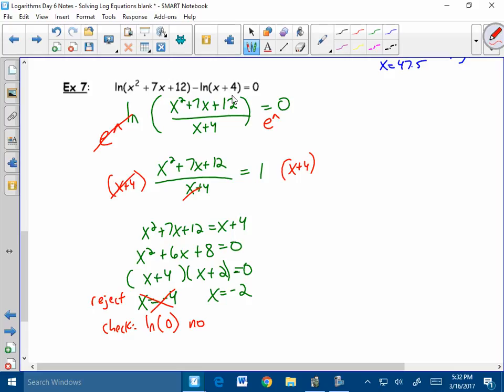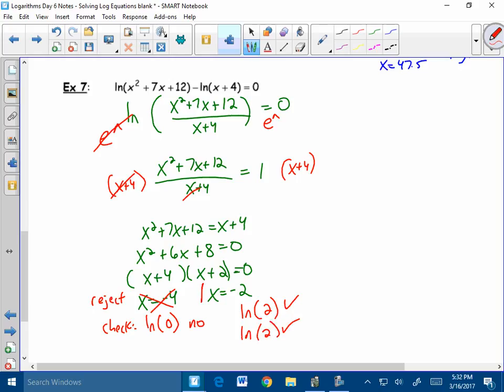If I plug in negative 2, maybe I'll start with this one first because it's easier. If I plug in negative 2 there, I would end up with the natural log of 2, which is fine. And then if you go to your calculator and you do negative 2 squared plus 7 times negative 2 plus 12, it also comes out to be 2. So that one's also fine.